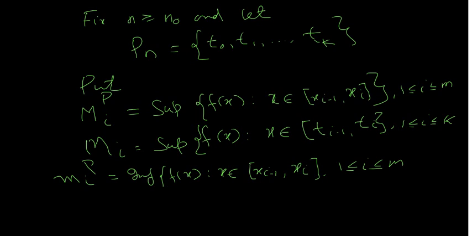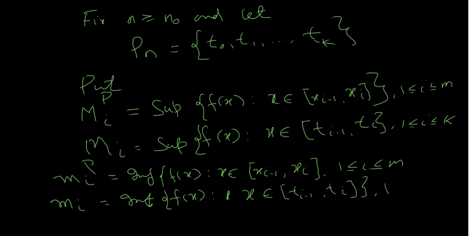And small mi, without P, will be the infimum of the same function f(x), but for the partition Pn, in the ith subinterval of this partition Pn, equal to the infimum of f(x), where x belongs to [t_{i-1}, t_i], 1 less or equal to i, less or equal to k. So these are the notations which we have fixed here.